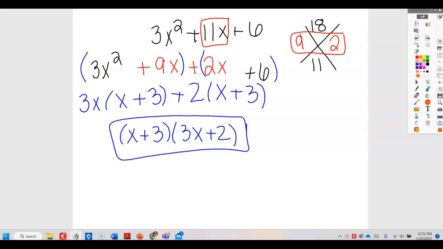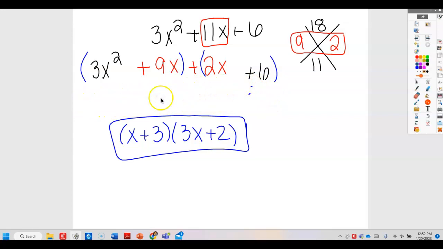So I told you today we were factoring by a method I like to refer to as reverse FOIL. So if I were to take away the factor by grouping line, I'm just showing you how this is reverse FOIL.